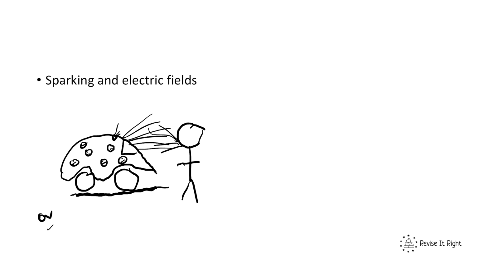Now, what this strong electric field does is it causes the electrons in the particles in the air. So we know that the air is made up of different particles. We know it's made up of nitrogen and oxygen, and it causes the electrons in these particles to be knocked off. So electrons to be knocked off of these particles.